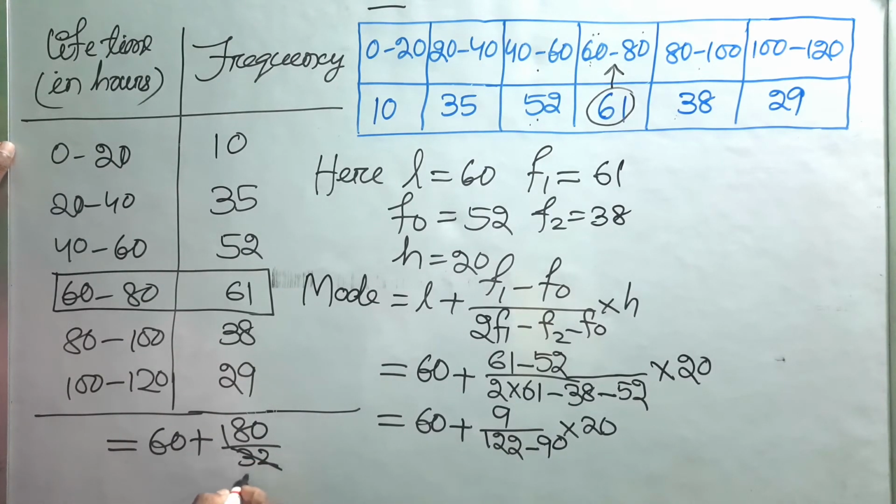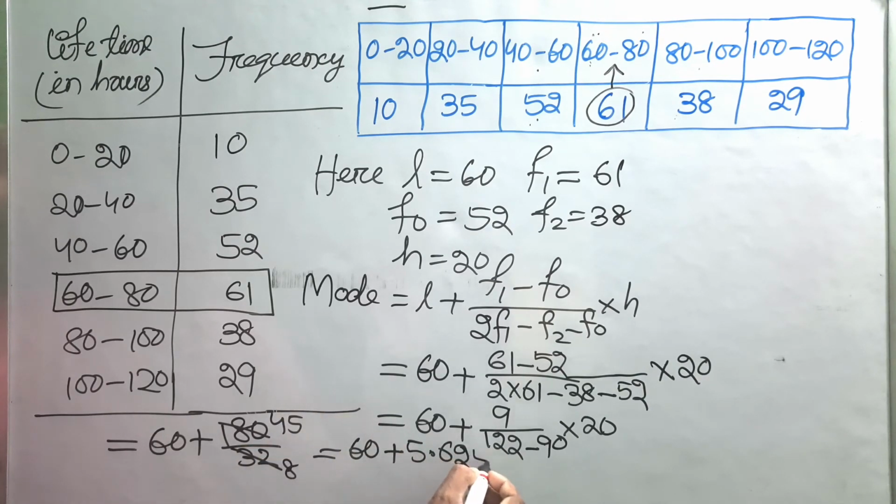Now if you cancel it by 4, it is 45 by 8. So this is equal to 60 plus 45 by 8. If you express 45 by 8 in decimal form, 8 fives are 40, so 5 point, then 5 is the remainder, 50, 8 sixes are 48, remainder 2, so 20, 8 twos are 16, remainder 4, so 40, 8 fives are 40.